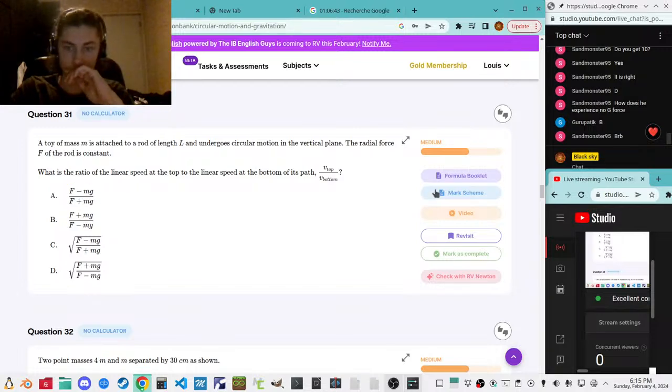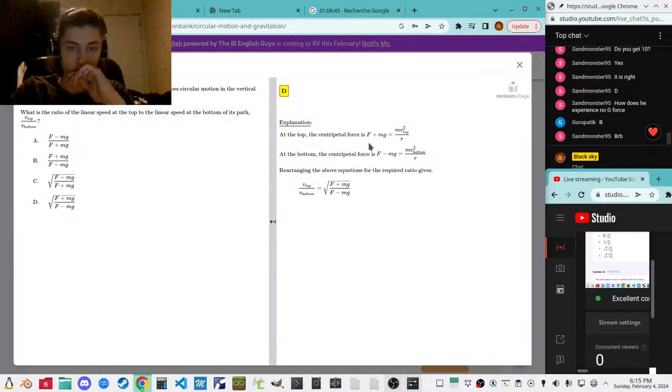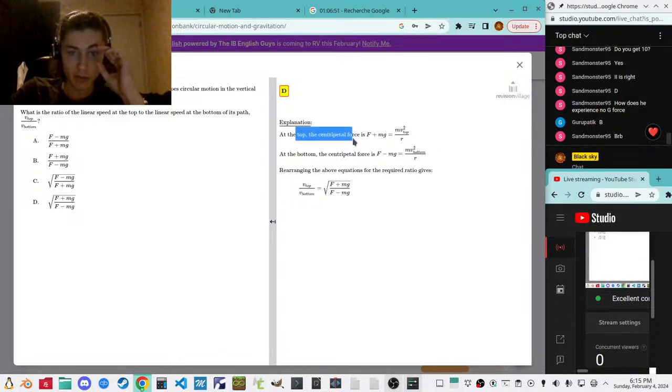A, probably not. Yeah, probably not. Okay, that's double wrong. At the top, the centripetal force is F plus mg. At the bottom, centripetal force... why is it?